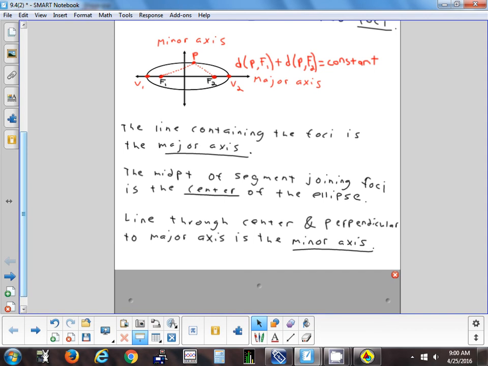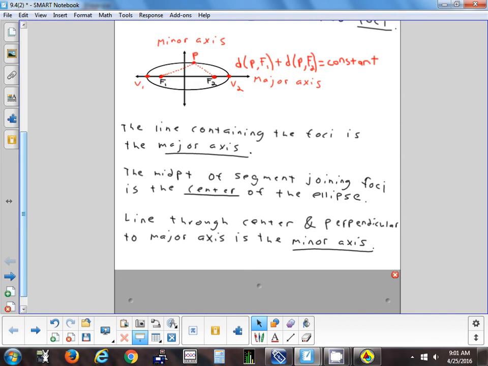Anybody have a guess what V1 and V2 are? Those are the points where the ellipse crosses the major axis. Guess what V1 and V2 would be? What word? S1, S2? No, V stands for something. It's a word that begins with V. Vector? Not vector, it's a good guess.